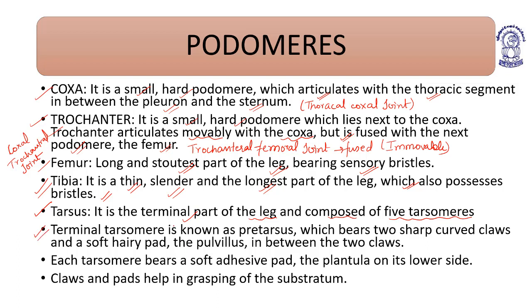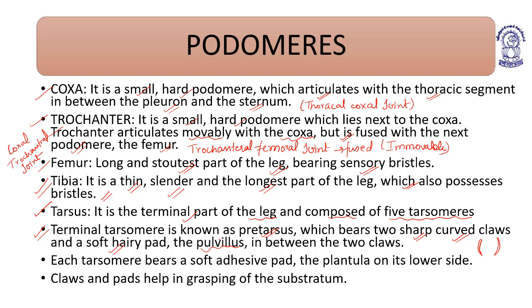Terminal tarsomere, also known as pretarsus, where the tarsus ends. So the last or fifth terminal tarsomere is also known as pretarsus. This pretarsus has two sharp curved claws like this, and a soft hairy pad, the pulvillus.